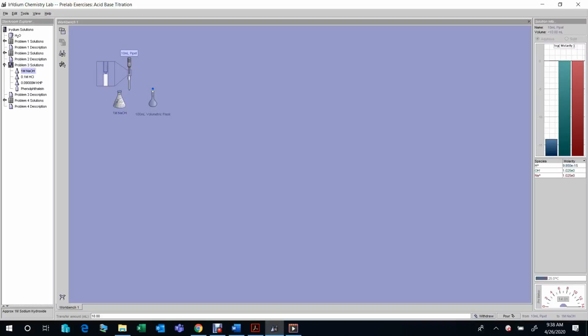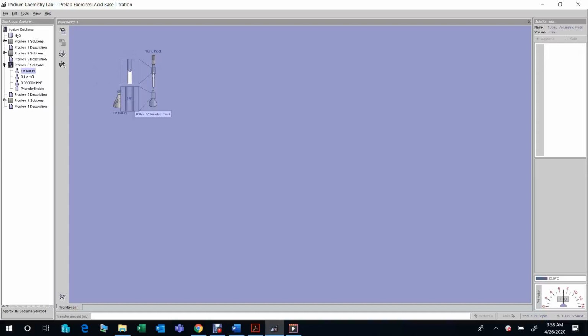Then we get this 10 milliliter solution, and then we can pour into the 100 milliliter volumetric flask. So we also put 10.00, and we do pour. Oh, before I do pour, I need to remind you here. You see that the solution level just reached this line. You see there's a line here. This line tells the exact volume should be.